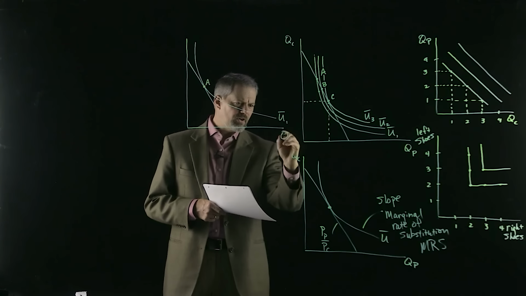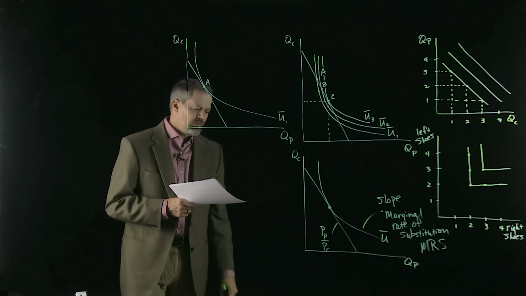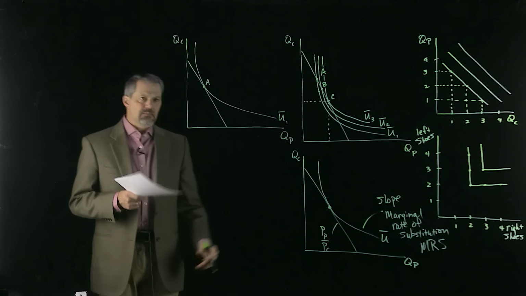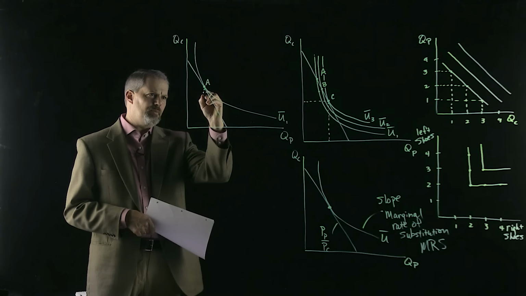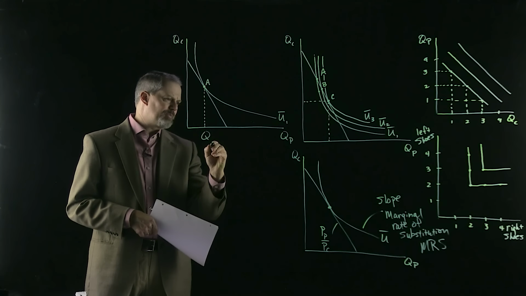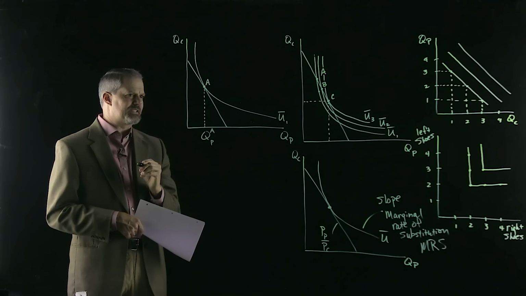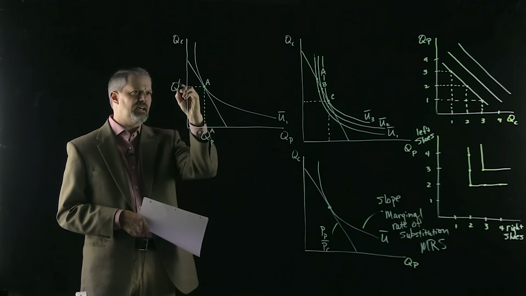Let's continue with our quantity of pizzas, quantity of Cokes example. And so we're going to start at A. Let's identify the amount of pizza and Coke that we're consuming. So at point A, the consumer is purchasing this many pizzas. I'm going to call it quantity of pizzas A, and this many Cokes, QCA.